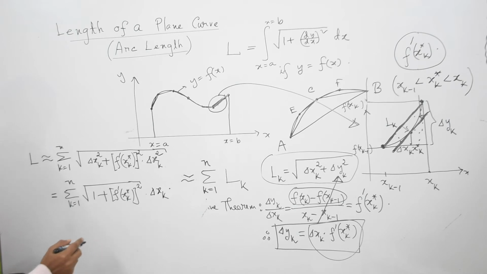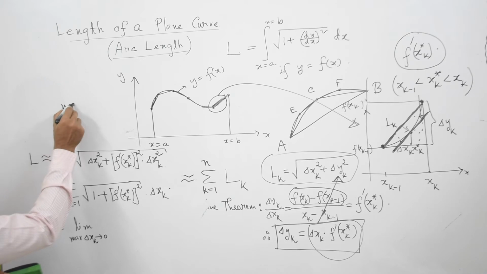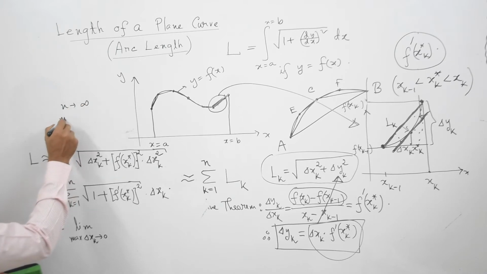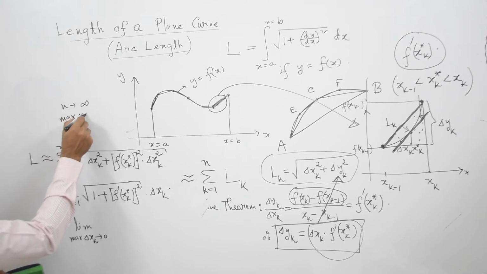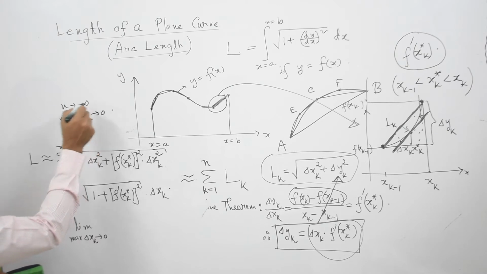Now the Riemann integral will be what? If I put a limit max delta xk tends to 0, and max delta xk tends to 0 is nothing but n tends to infinity. When n tends to infinity, then max delta xk will tend to 0.